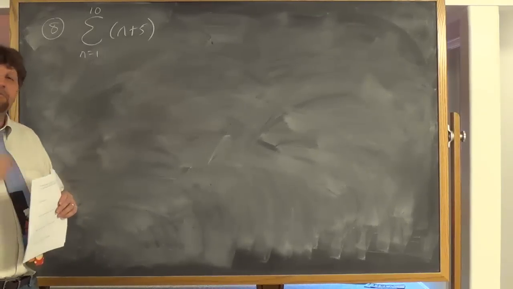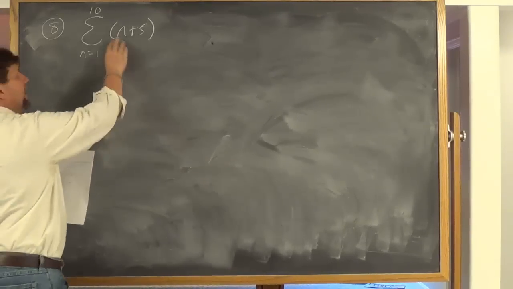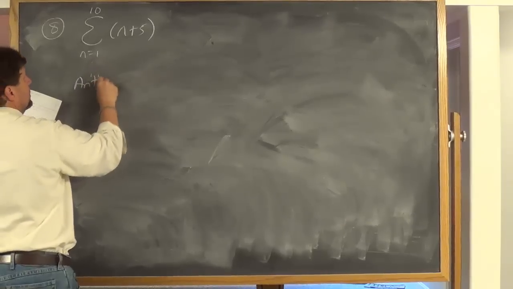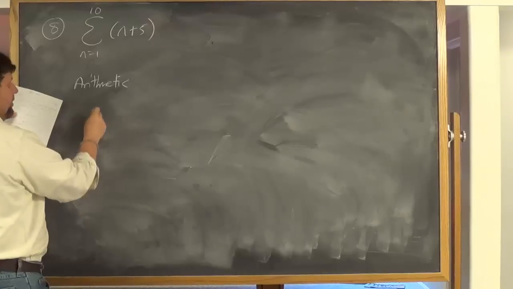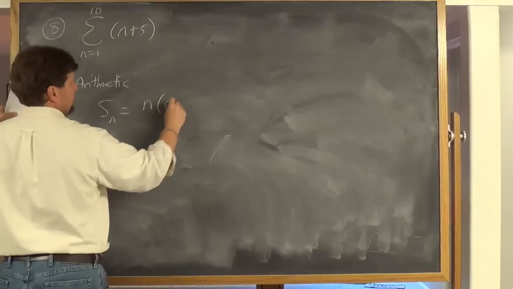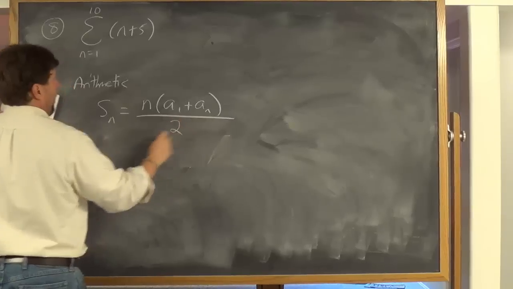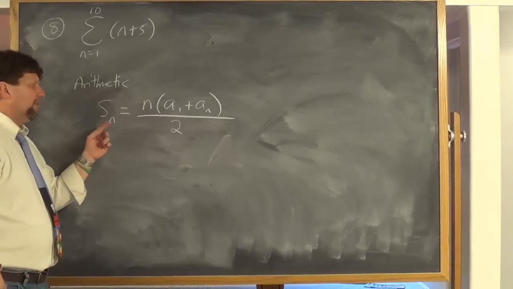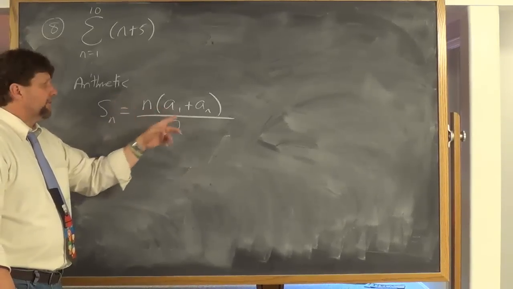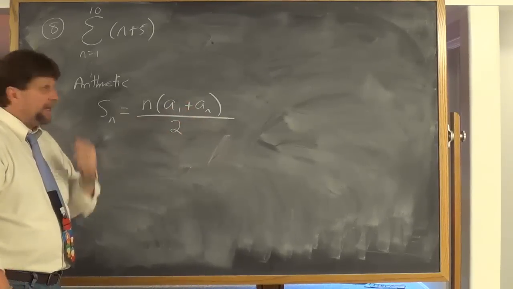Since this is arithmetic, we have a little formula that works when we have an arithmetic series, and this is only true for arithmetic. It says to find the nth partial sum, it's equal to n times the quantity a sub 1, the first term, plus a sub n, whatever the nth term is, all divided by 2.